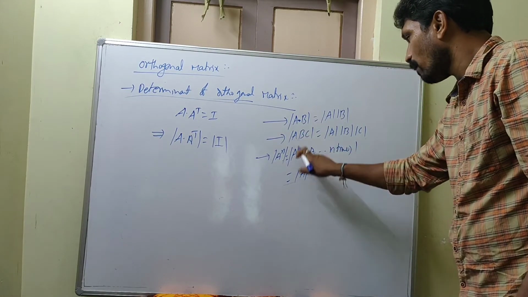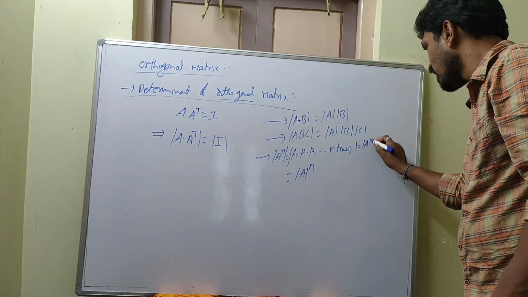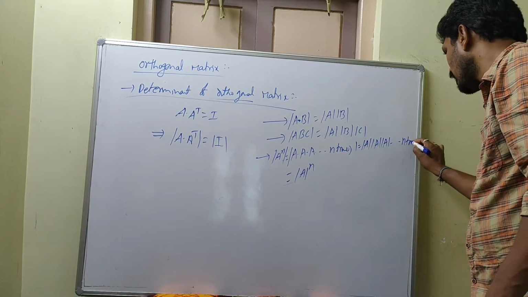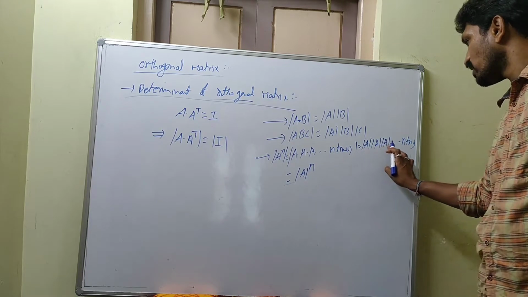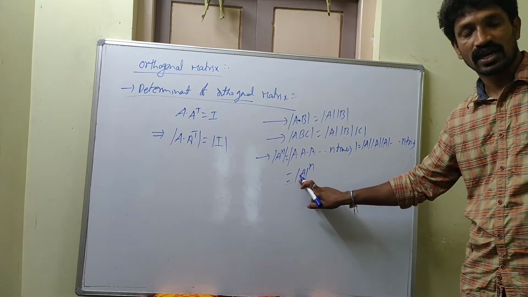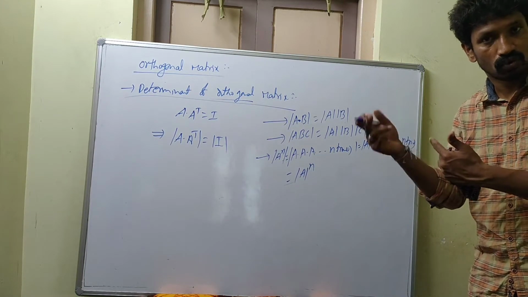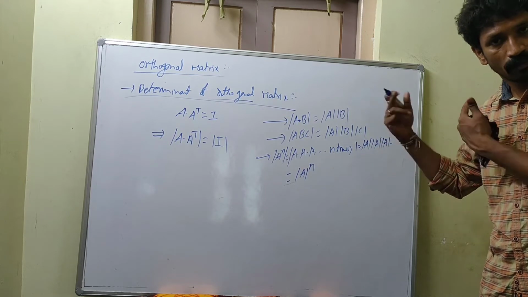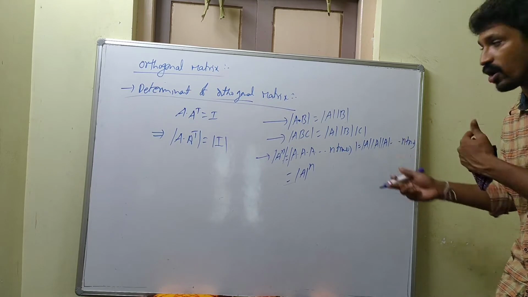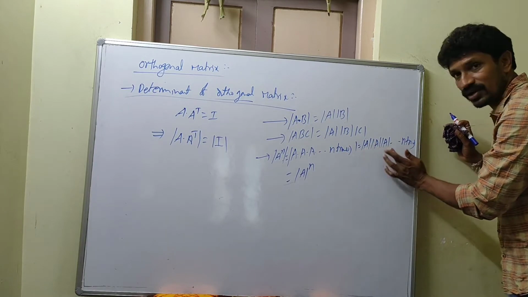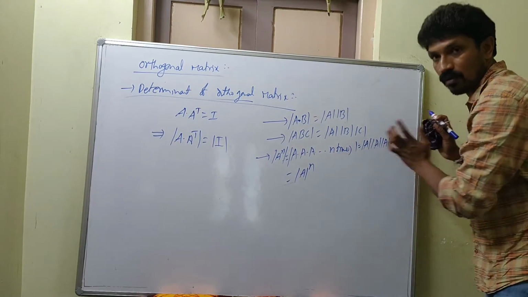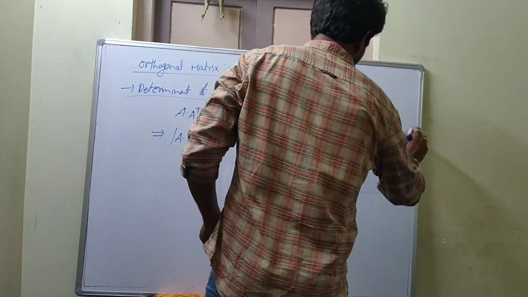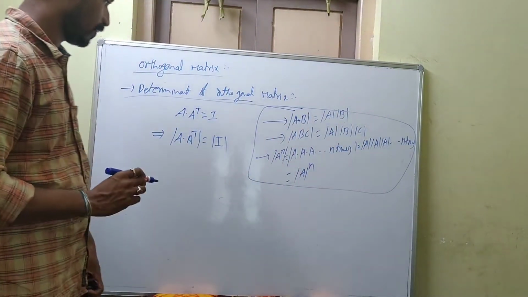Based on this property, you can write this as det A into det A into det A and so on n times. Because of 2 into 2, 2 square, 2 into 2 into 2, 2 cube, up to 4 times 2 power 4, up to n times 2 power n. So det A power n is equal to det A whole power n. So this is also one of the properties, just remember.